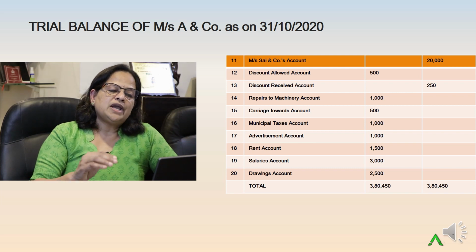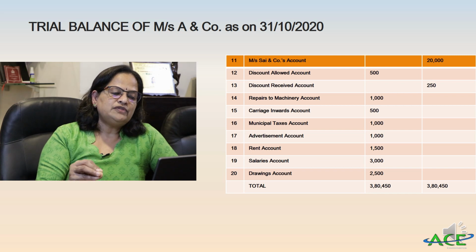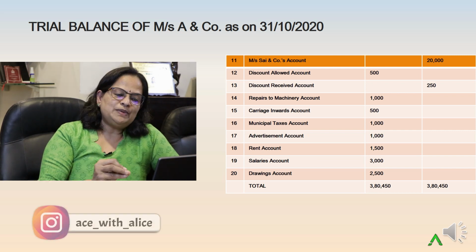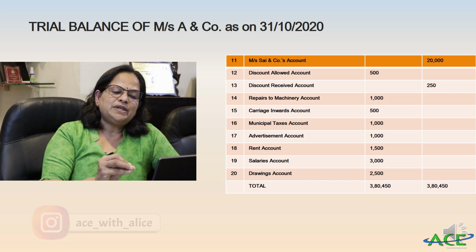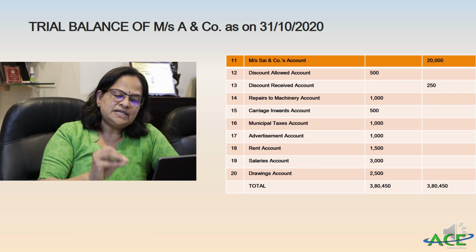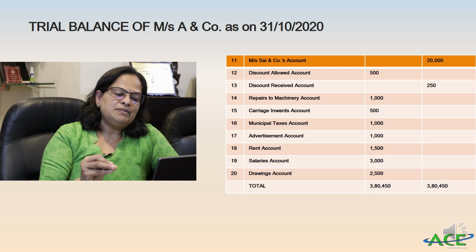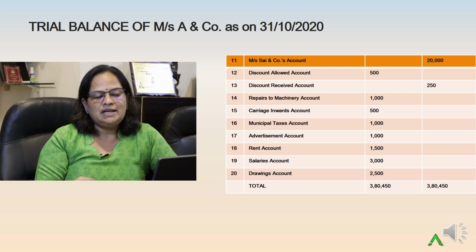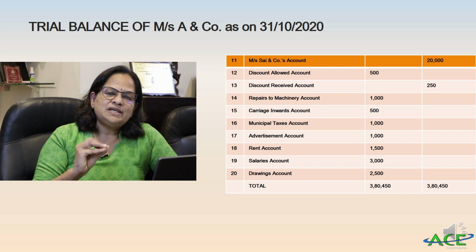Now discount allowed account debit balance 500, discount received credit 250, repairs to machinery account debit 1,000, carriage inwards account 500 debit balance, municipal taxes 1,000 debit balance, advertisement account 1,000 debit balance, rent account 1,500 debit balance, salaries account 3,000 debit balance, drawings account 2,500 debit balance. Total of the trial balance is 3,80,450. So this is how you prepare the trial balance.